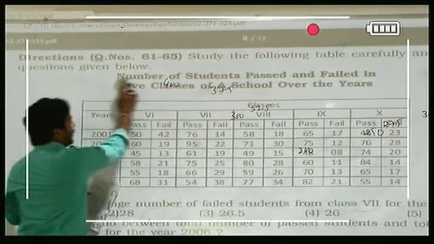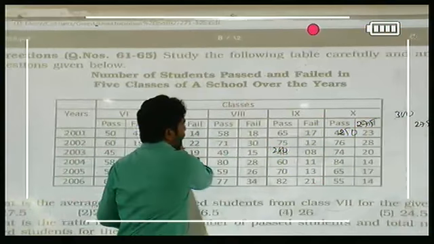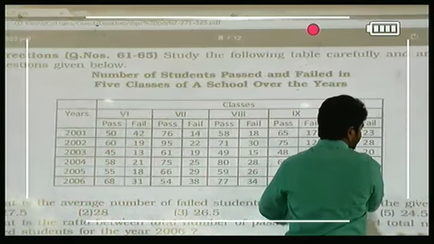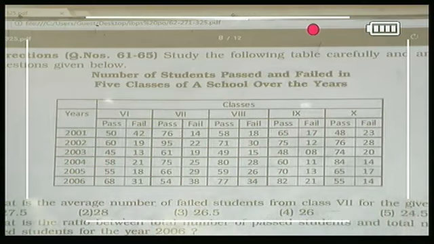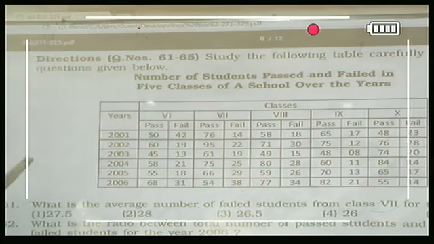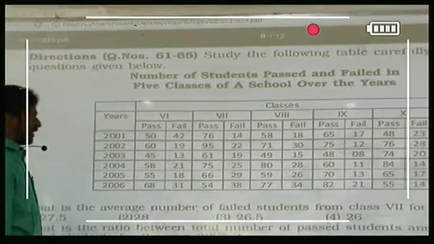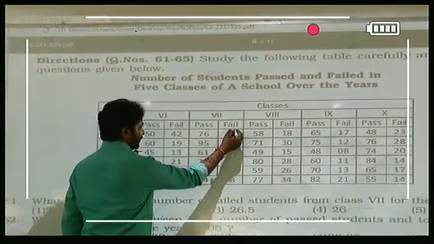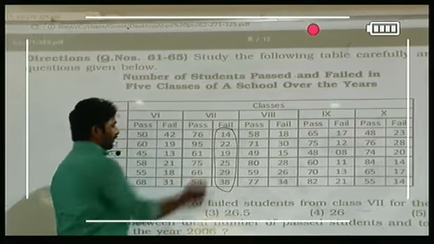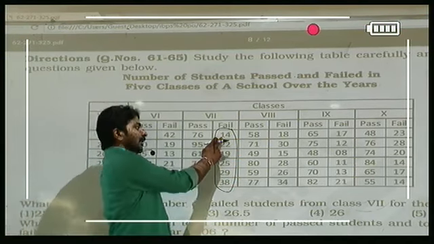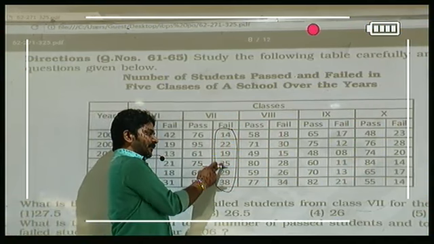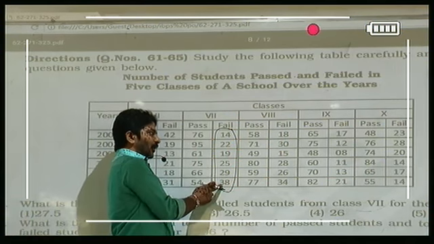Number of students passed and failed in 5 classes of a school over the years. 61. What is the average number of failed students from 6th class, 7th class for the given years? Average of failures in 7th class for all the years. This one only, right? You have to add everything and then go for average. 10, 30, 40, 60, 80, 110.